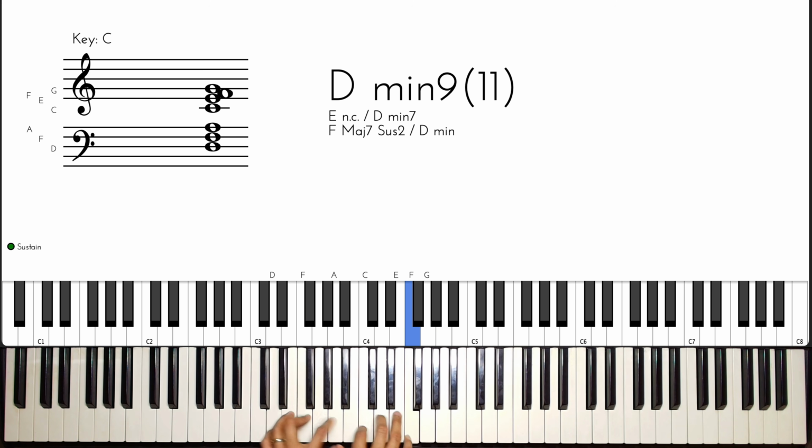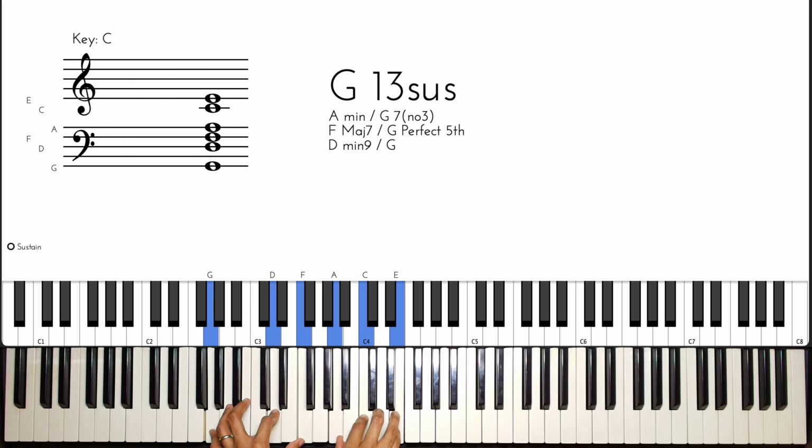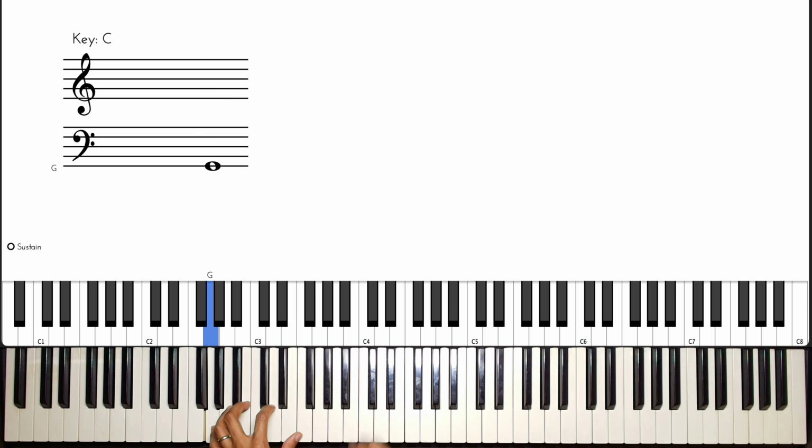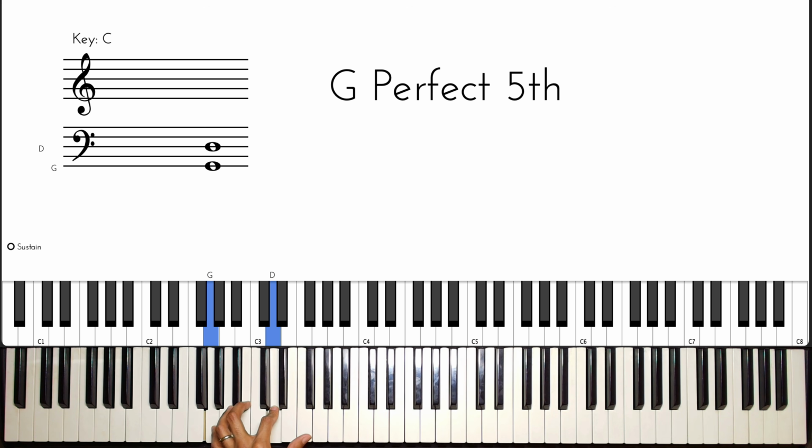Play the melody, next chord, say G13 sus. Now this chord, there's multiple ways of thinking about it. The way I like to think about it is I'm playing G and its 5th. Then I go down 2 half steps, right? F from G, and I'm playing a major 7 chord.